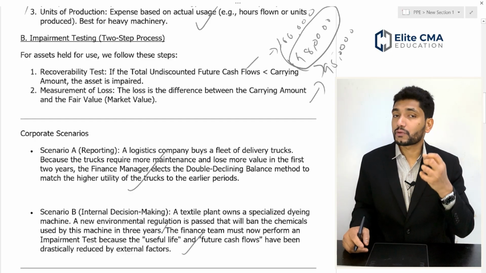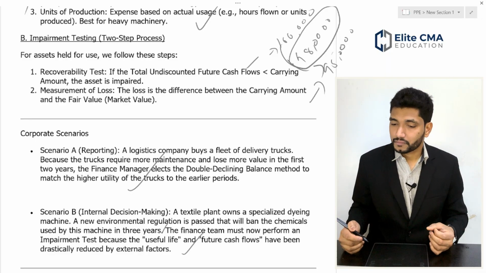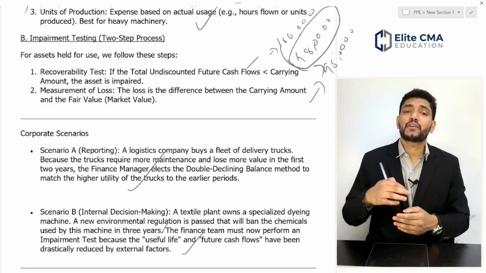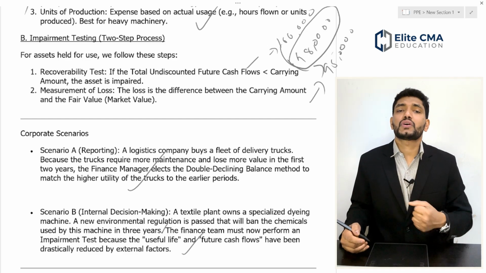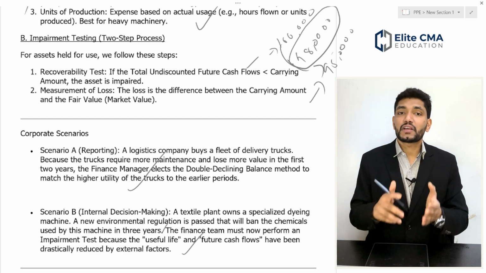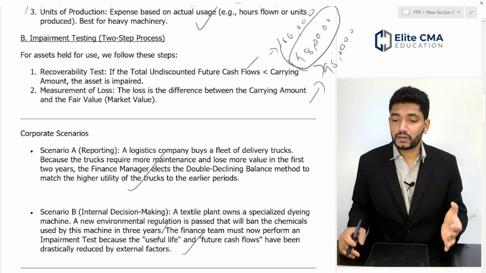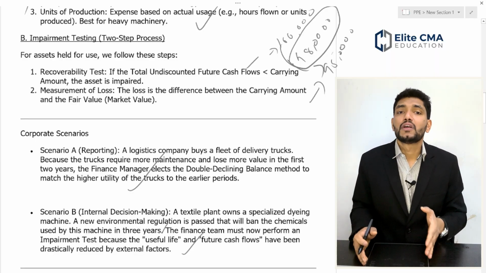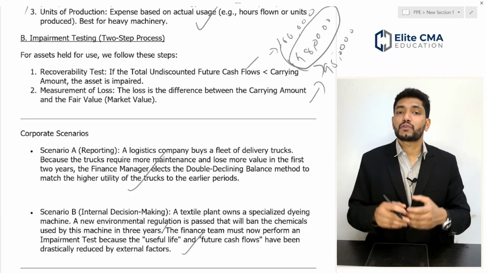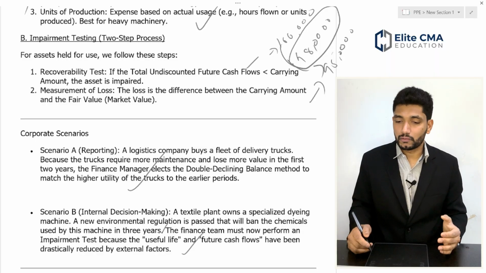Something happens, like a technology change or a regulation change, and your asset cannot be used for the initially estimated period. So, what do you have to do? You have to do an impairment again based on expected actual future cash flow and useful life. In this case, you have to reduce your useful life, so obviously your future cash flow will reduce. Based on that, you have to impair the asset value.